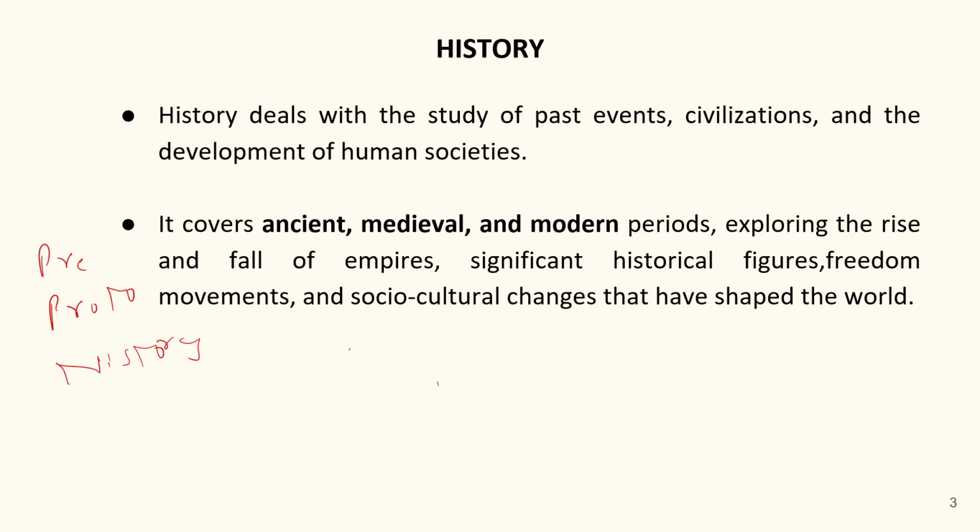But these sources have been divided into three parts, as I have told you here, starting from pre, then proto, then history. So what do we mean by prehistorical, proto-historical or historical? Basically, as we were developing, we hadn't developed our minds or any language to speak or communicate.